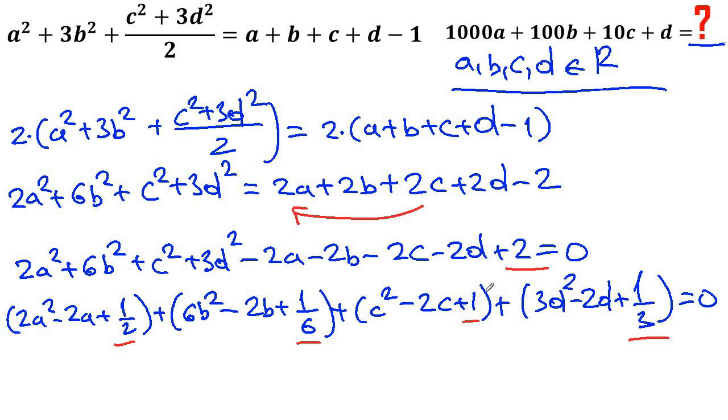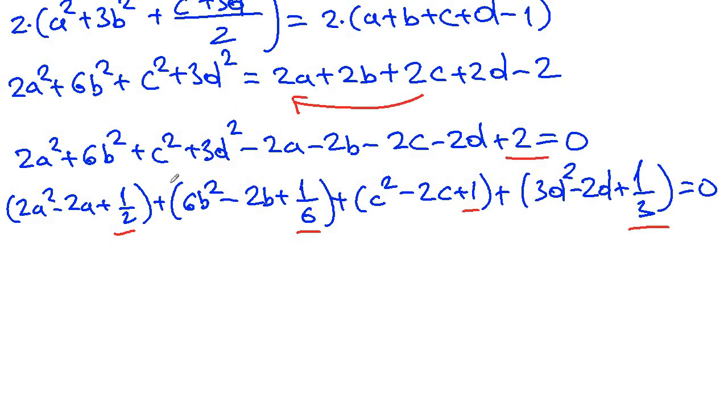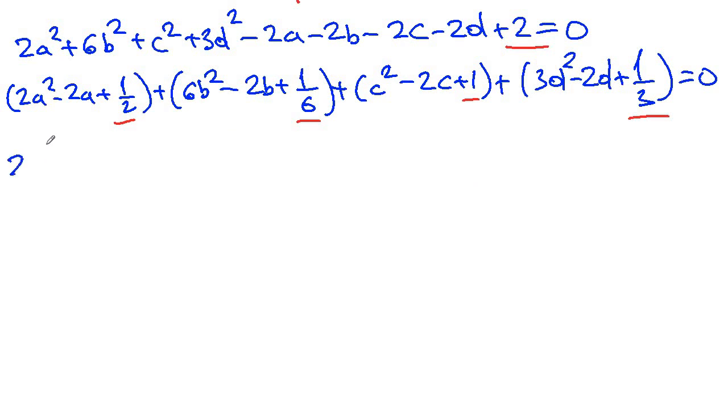Now my main goal is to get a perfect square, or in other words complete the square. So let me start from the first bracket. Here I'm going to first factor out 2 to get inside the bracket a squared minus a plus 1 over 4.